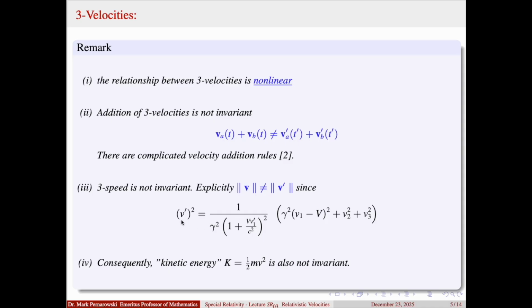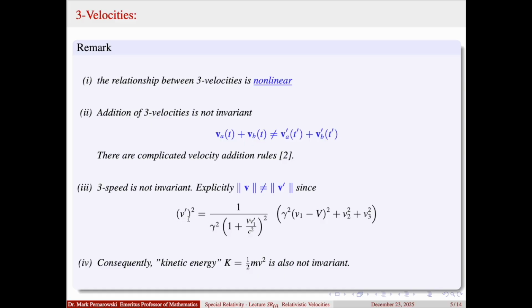Explicitly, if you do it, you get this big expression. It's ugly and messy. What's really bad about this is that this term squared is what you need to describe classical kinetic energy, which is 1/2 mass times velocity squared.